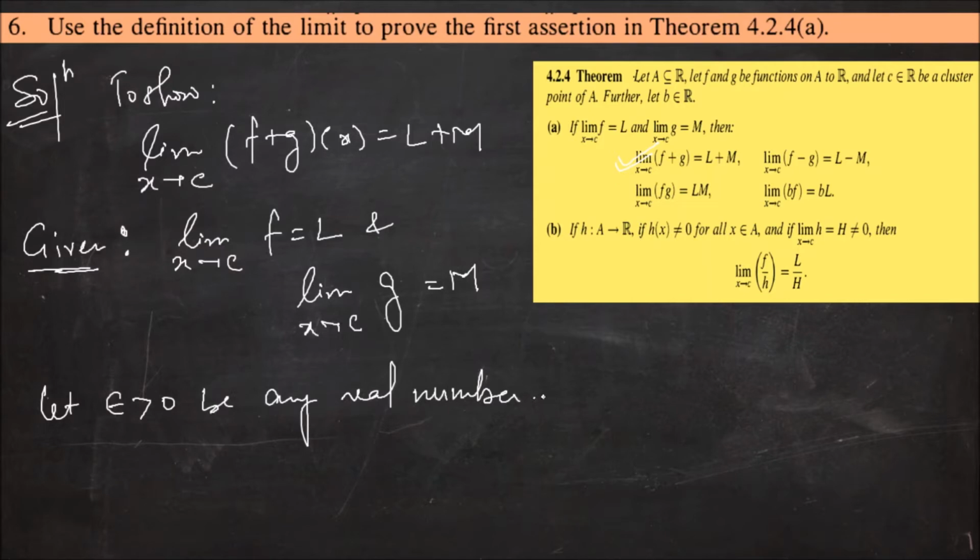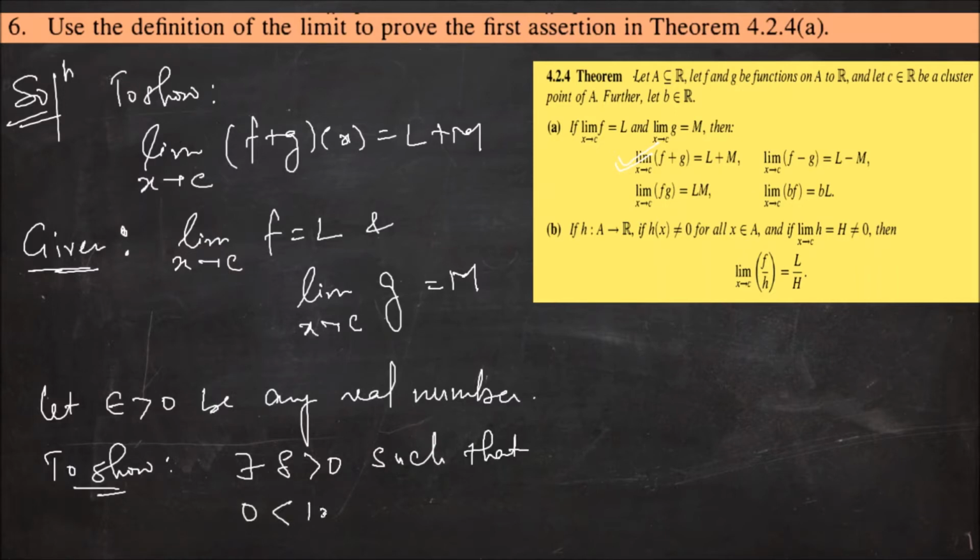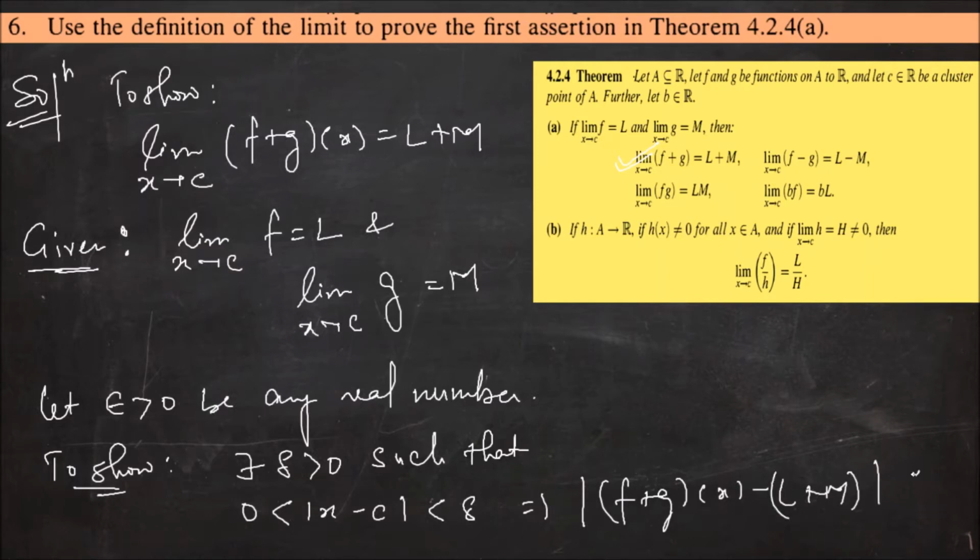We have to show existence of some delta greater than 0 such that 0 less than mod x minus c less than delta should imply mod (f plus g)(x) minus (L plus M) less than epsilon. So this is what we have to show. This is our star.